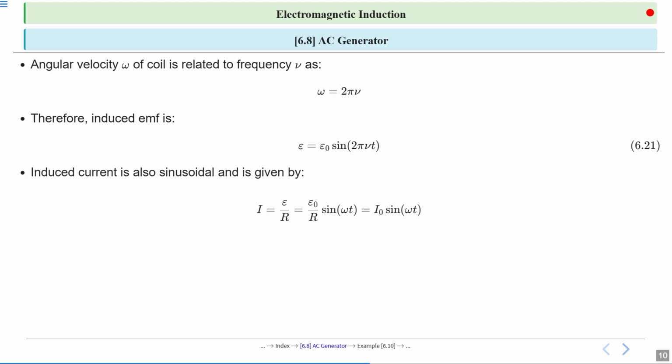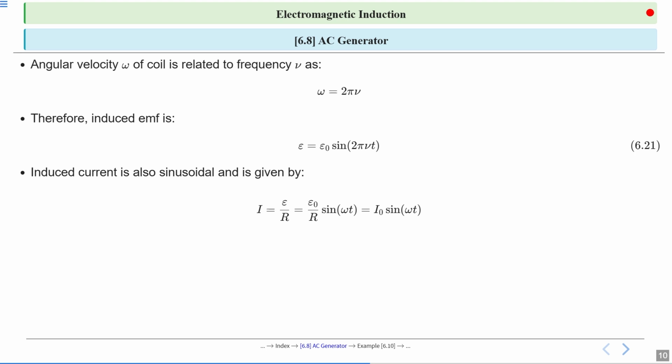Induced current is also sinusoidal and is given by I equal to epsilon upon R. If the induced EMF is sinusoidal, then the induced current will also be sinusoidal, and it can be found using I equal to epsilon by R according to Ohm's law. So epsilon naught sin omega t upon R. Epsilon naught is a constant maximum value and R is also constant, so epsilon naught upon R we can write as another constant I naught, and sin omega t remains as it is.